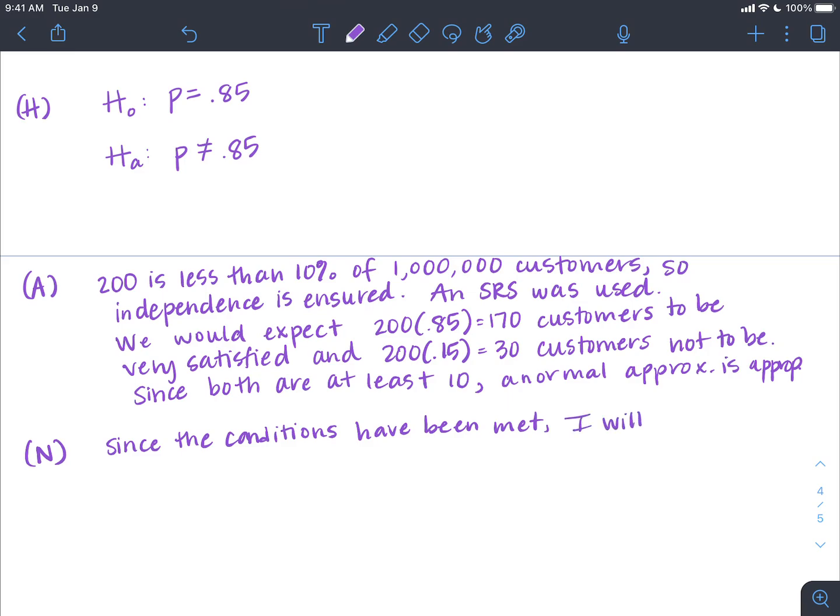I will construct a one proportion z test. And I like to always put here a reminder of my alpha that they told us in the problem.